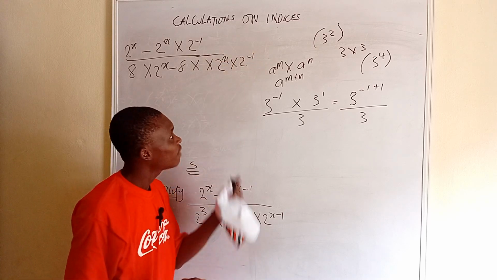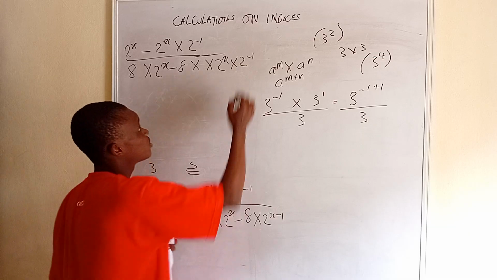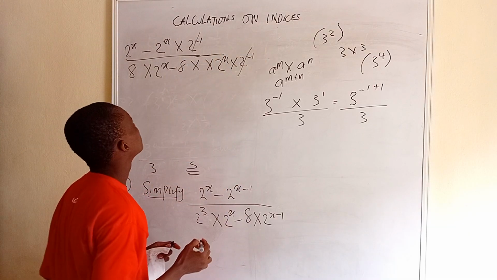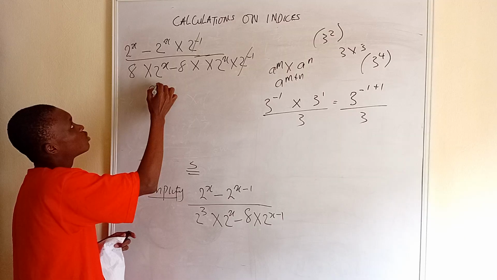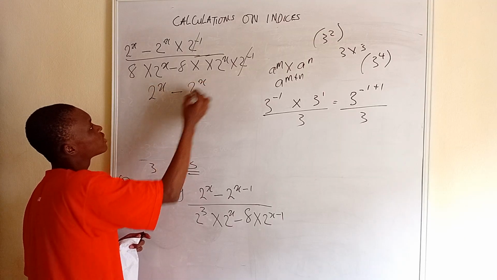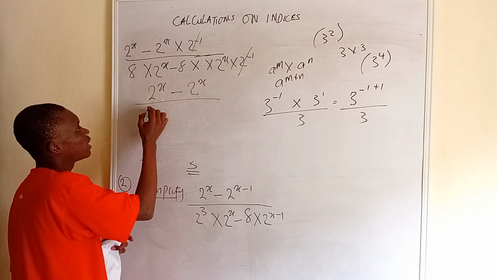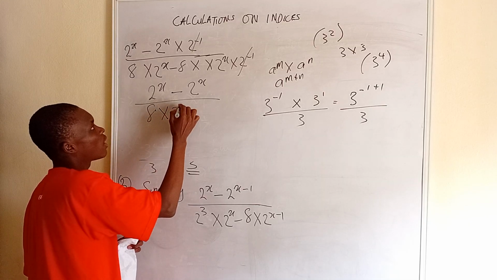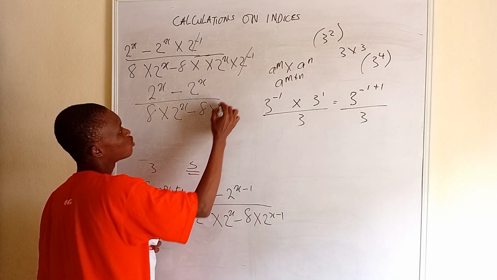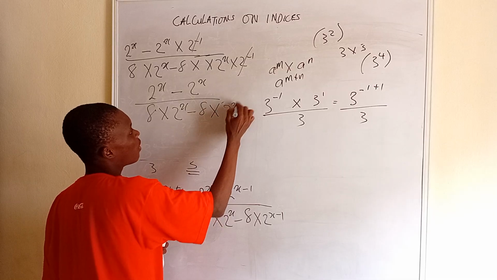So clearly you can see we have common terms there that can cancel very well. So this cancels out this, and we are left with 2 to power x minus 2 to power x, all divided by 8 times 2 to power x minus 8 times 2 to power x.